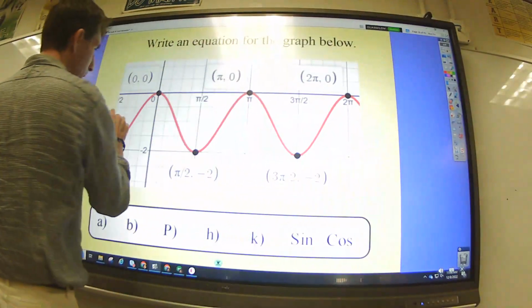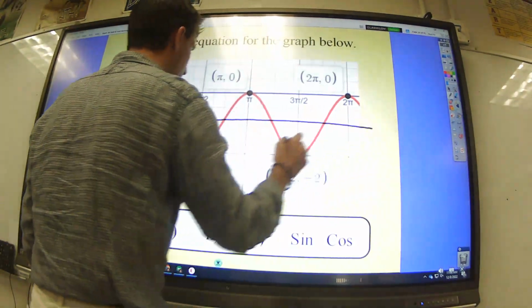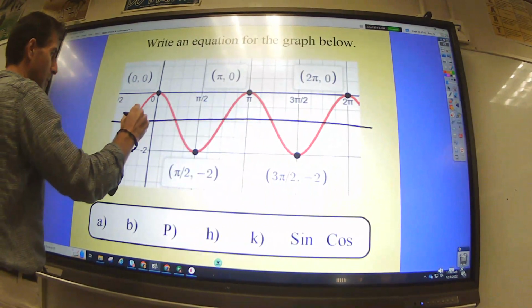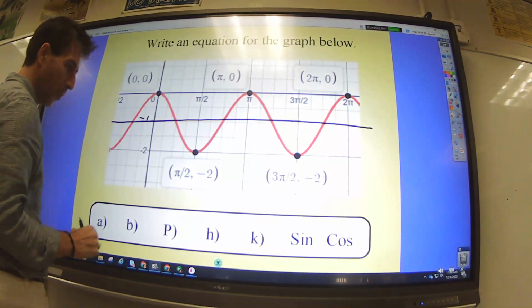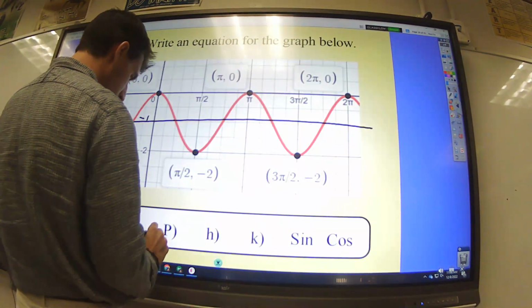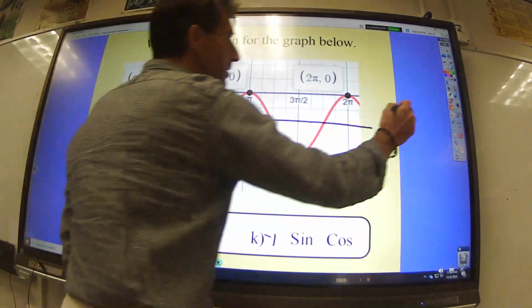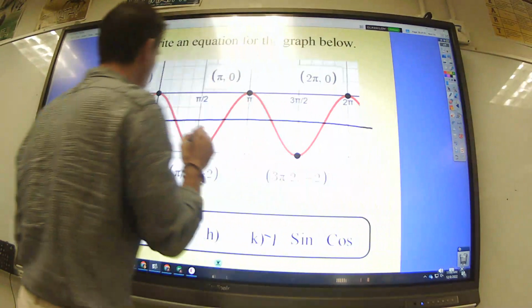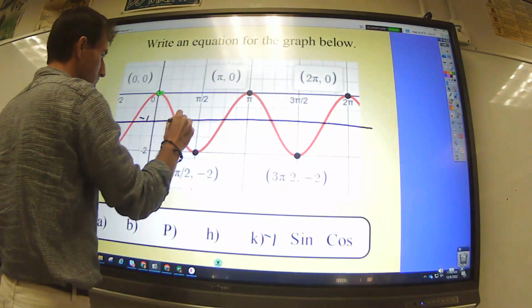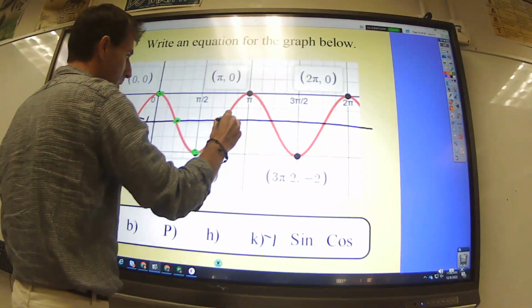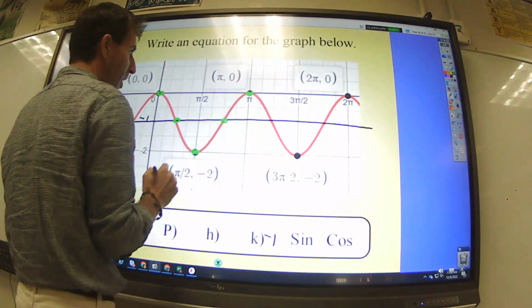Okay, let's do the midline. Boom. I see my scaling is at -1. So my K is -1. I can see my 5 key points: 1, 2, 3, 4, 5.